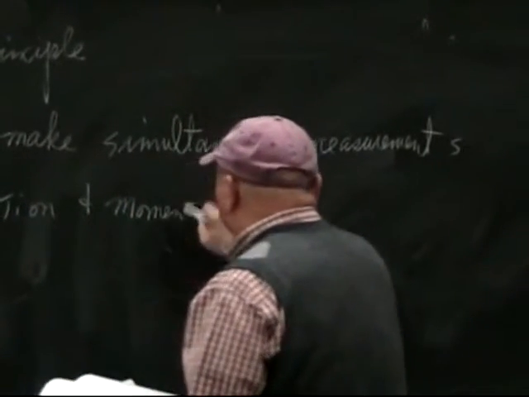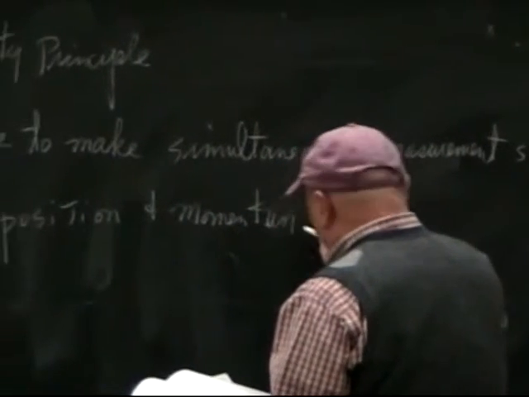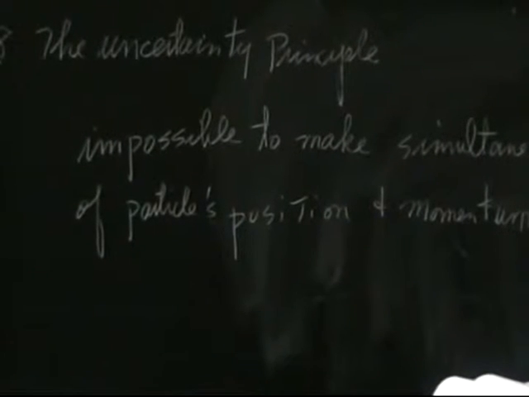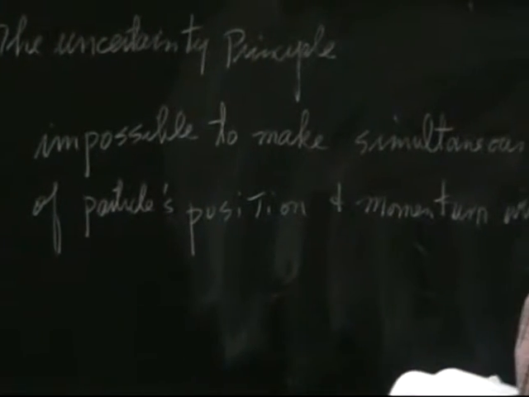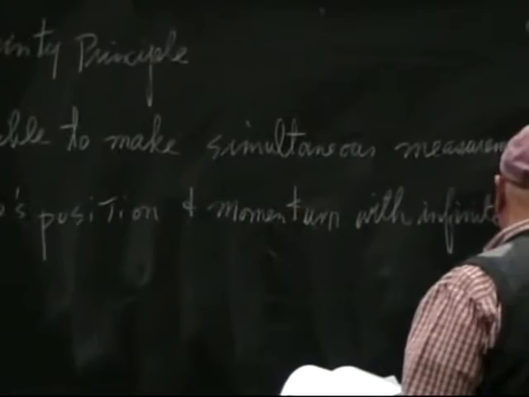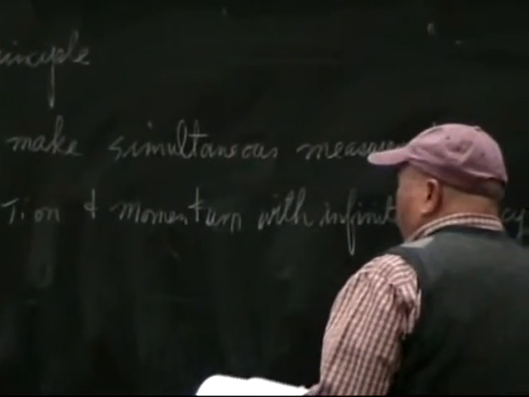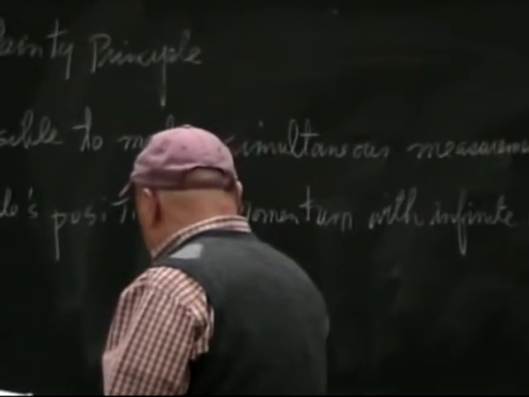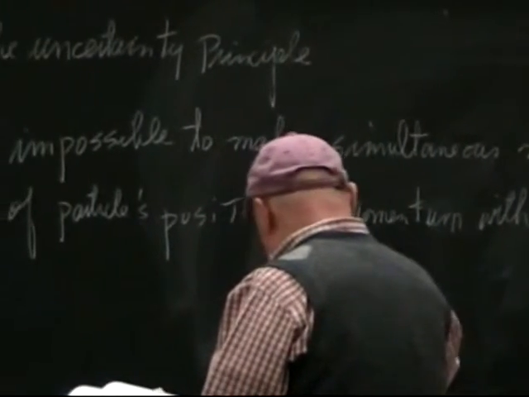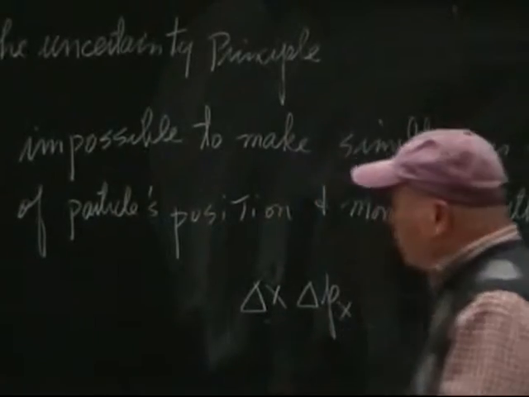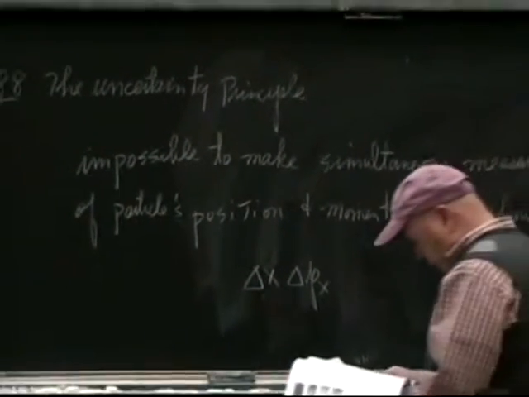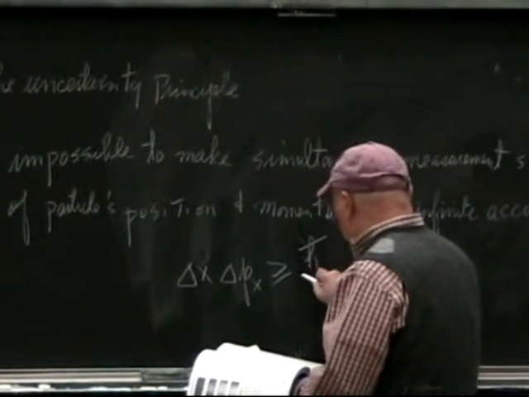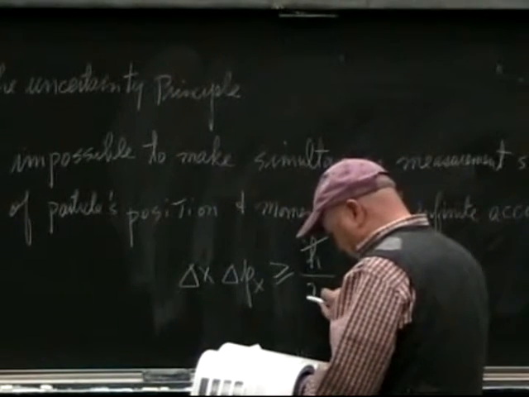Momentum is related with velocity, with infinite accuracy. So in that case, that means delta x times delta px, where delta x is position and delta px is momentum, is larger than or equal to h bar divided by 2.